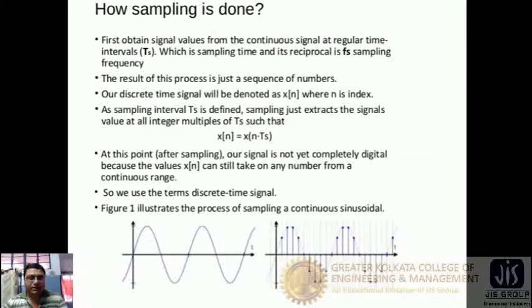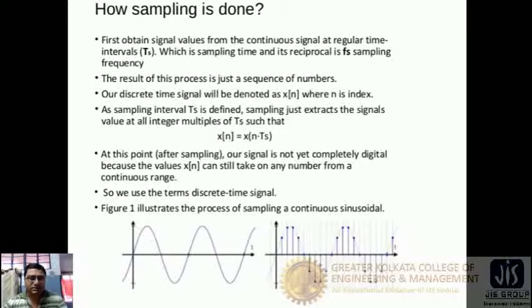First, obtain a signal value from the continuous signal at regular time interval Ts, which is the sampling interval, and its reciprocal, that means 1 by Ts, gives us Fs, the sampling frequency. The result of this process is just a sequence of numbers.